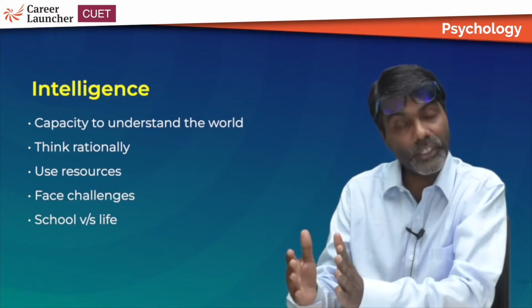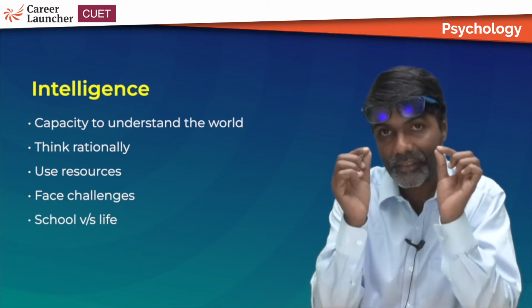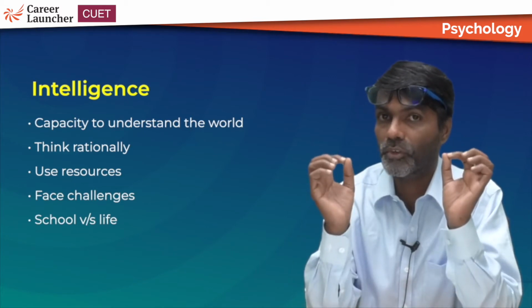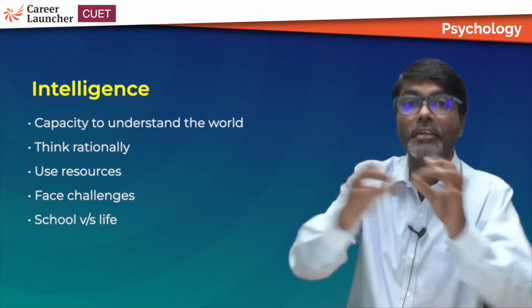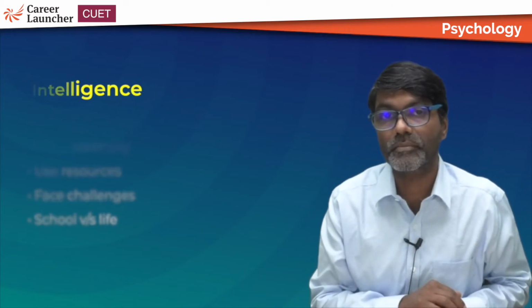This chapter is a lot about intelligence, so I'll come back to it, but at the definition level, this is what you must know. Capacity to comprehend the world around me is intelligence.